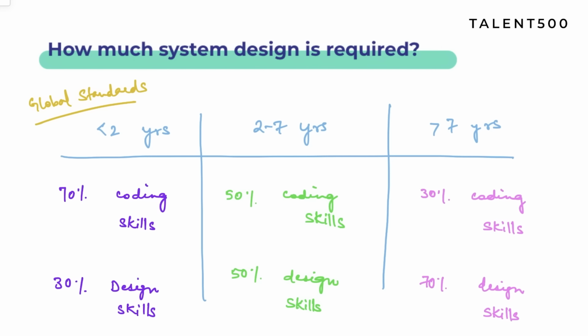I have seen a lot of people saying that for the fresher it is not required, but you need to understand the competition is too steep in the market. Just with 70% coding skills, you might qualify the interview, but you need to understand 30% is also very important.